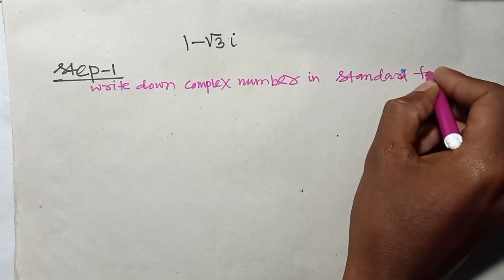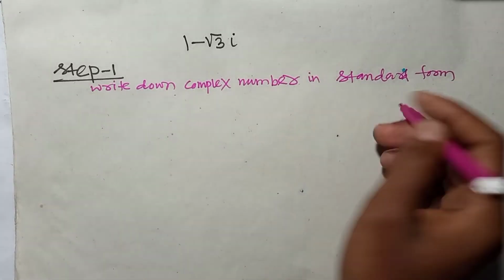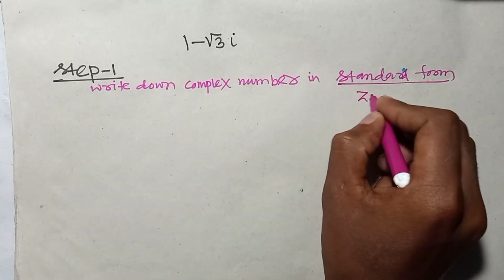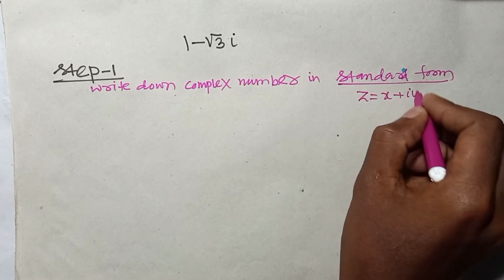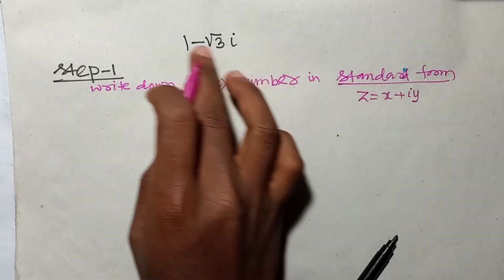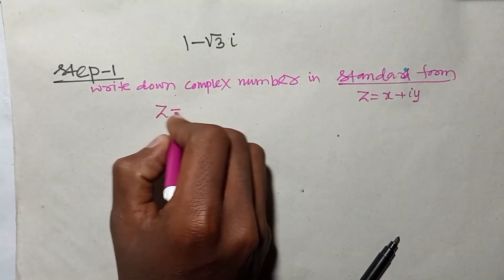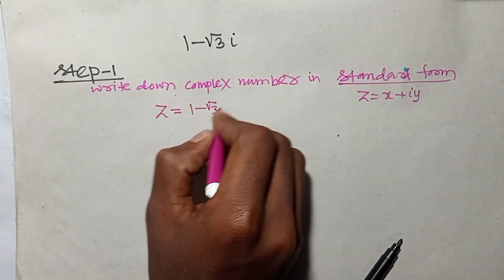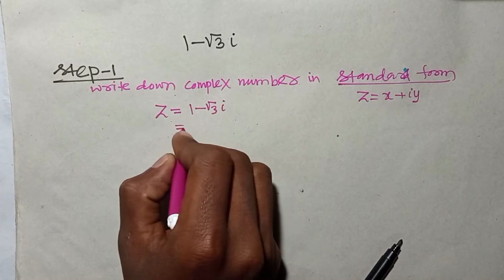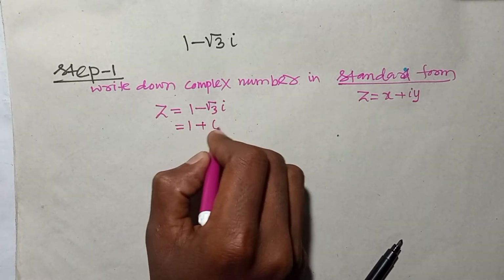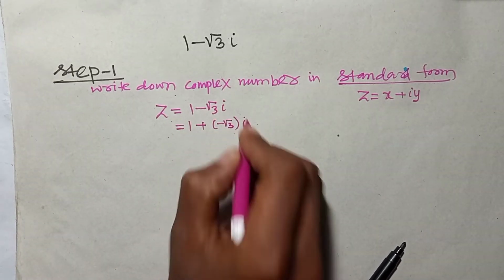Standard form means z is equal to x plus iota y. You have to write down this complex number in this form. So z is equal to how much? 1 minus root 3 iota, so it will be 1 plus minus root 3 iota.